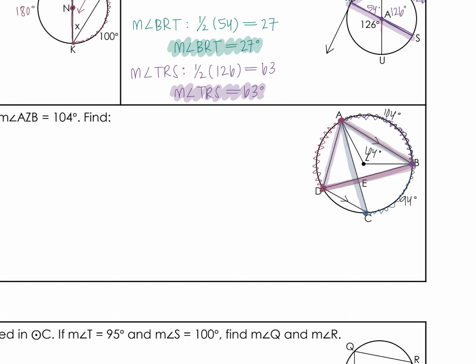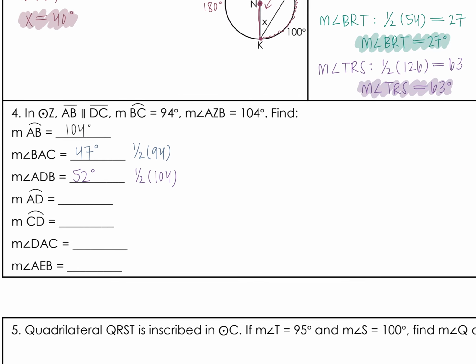That's an inscribed angle. I need to know the measure of this angle, because I'm not given it. But they gave us parallel lines for a reason. If I look at my parallel lines, I notice that I do have alternate interior angles being formed. And therefore, I can say that the measure of arc AD is going to be that same 94 degrees because of alternate interior angles.